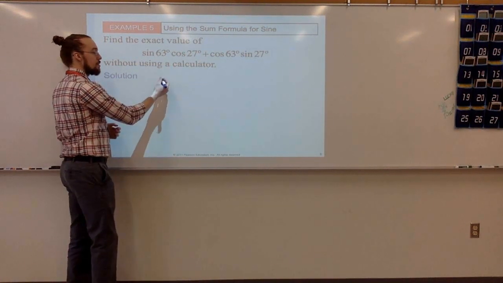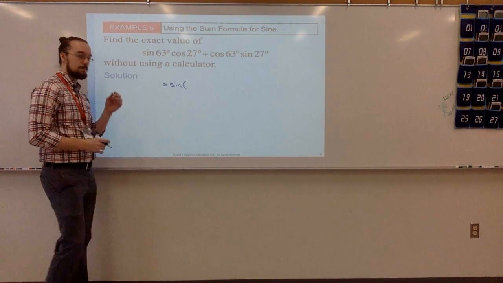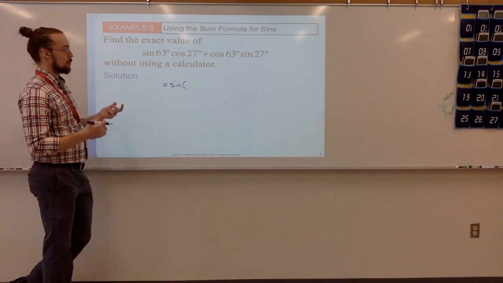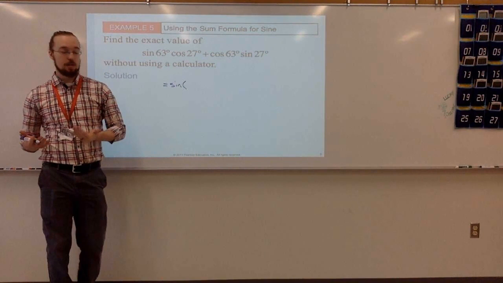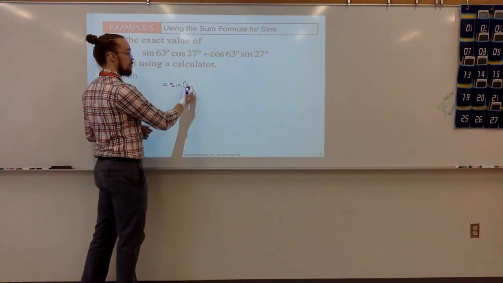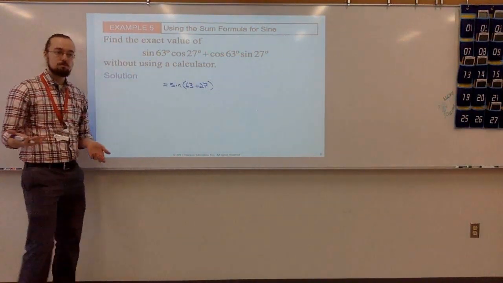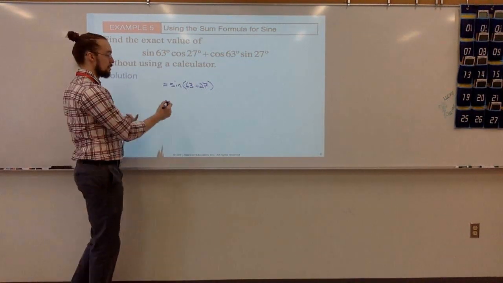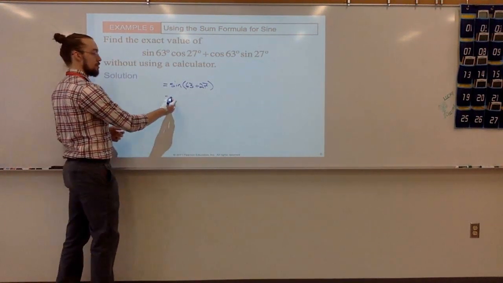So this is just going to be equal to sine of A plus B. So sine of 63 plus 27, adding those two angles together. 63 plus 27 is just 90.